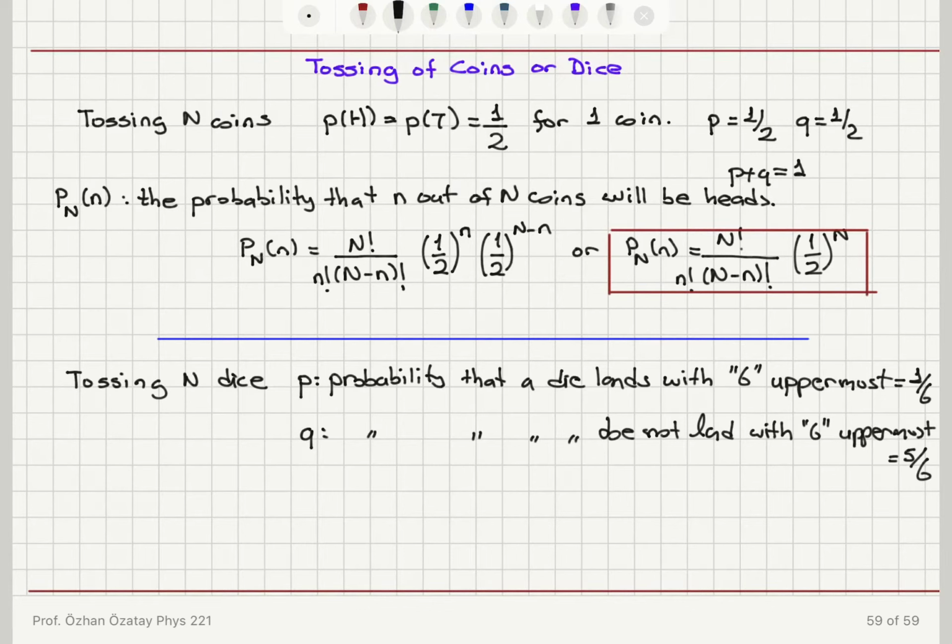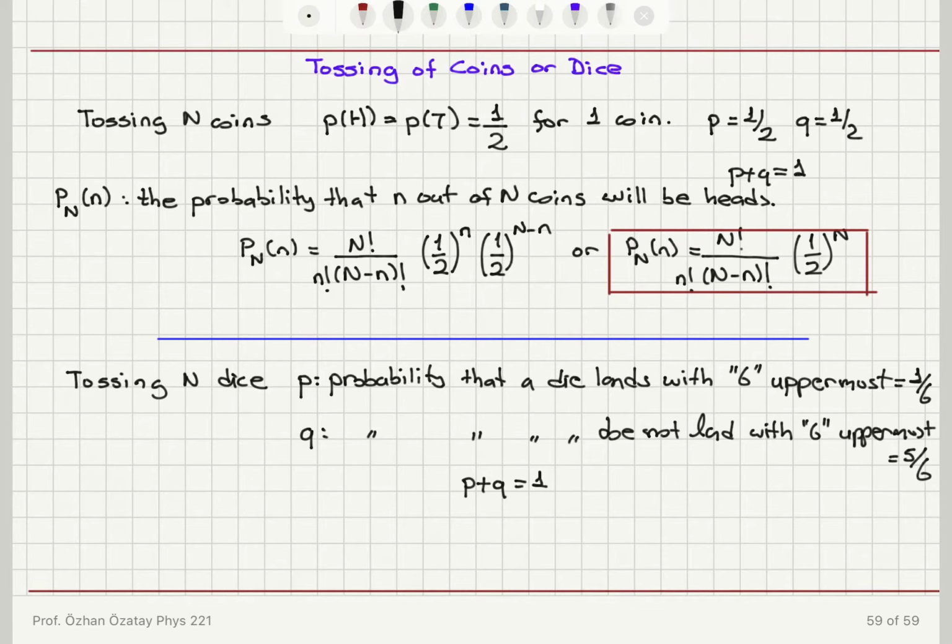And when we have either or, if you remember, we add up the probabilities. So 5 times 1 over 6 is 5 over 6. So indeed I have P plus Q is equal to 1.